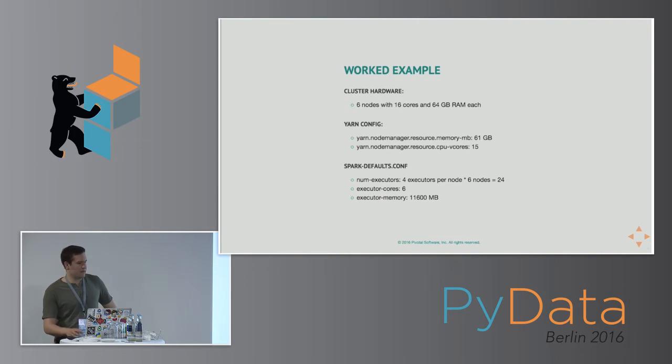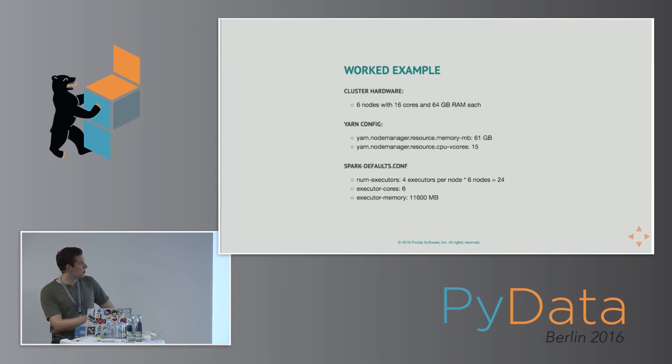And actually, on the internet, I've yet to find a good, simple, worked example of configuring a Spark cluster for PySpark. So we spent a lot of time trying to figure this out. What are the optimal values? So I want to quickly walk you through a worked example of how to properly configure a Spark cluster to run PySpark. As an example, we will take a 6-node cluster with 16 cores on each node and 64 gigabytes of RAM for each node.